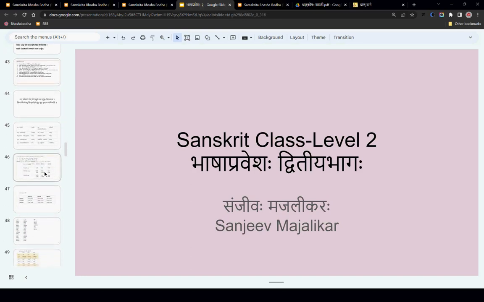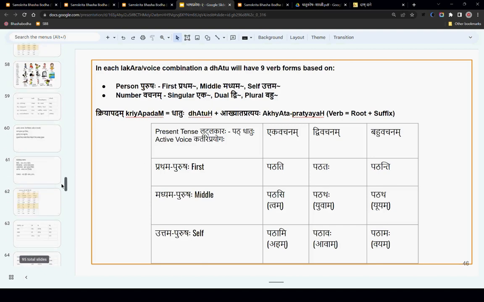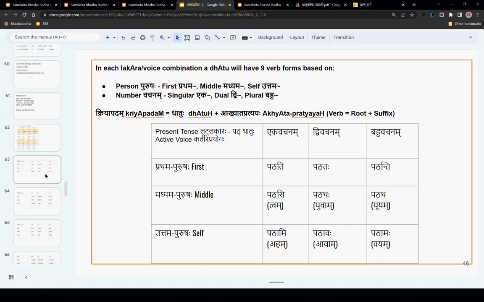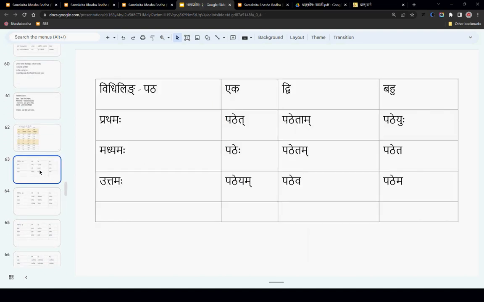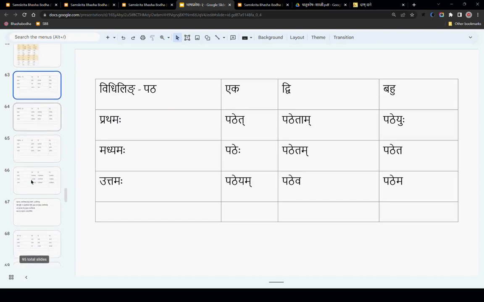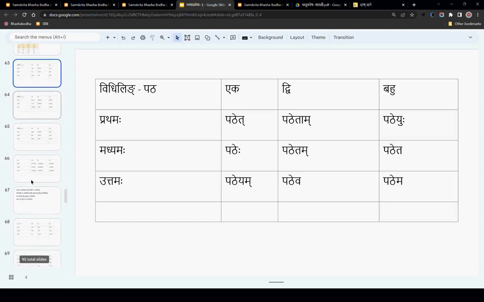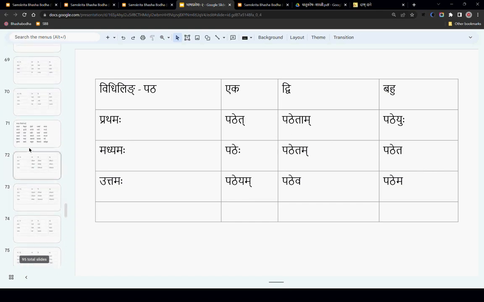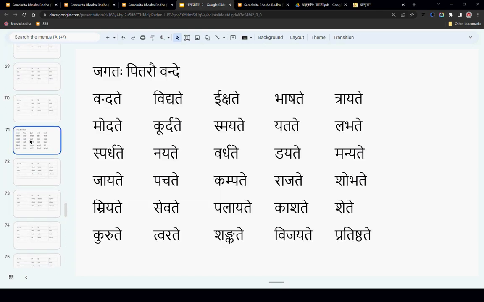Okay, are we ready to move forward? Next topic. So we are looking at the Atmanepadi dhatus.